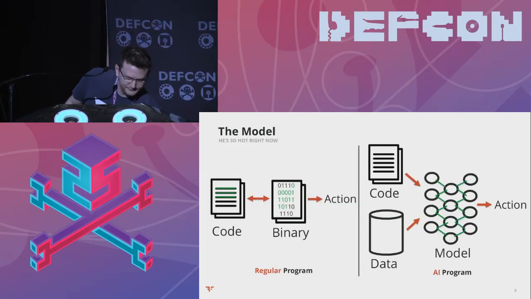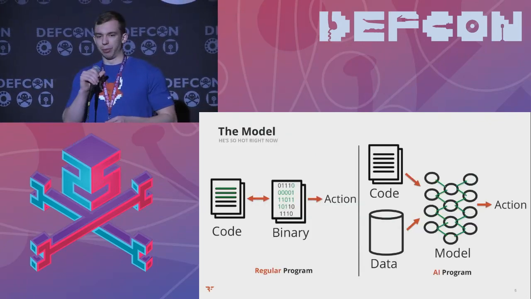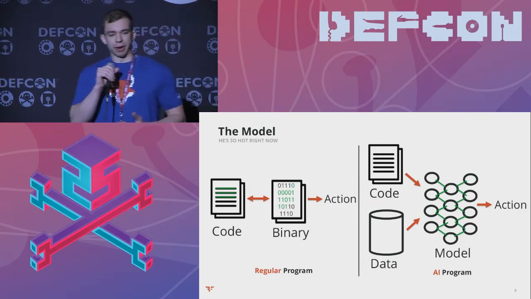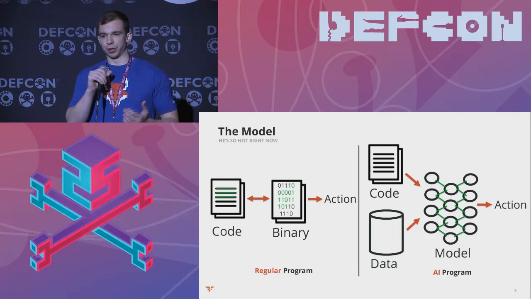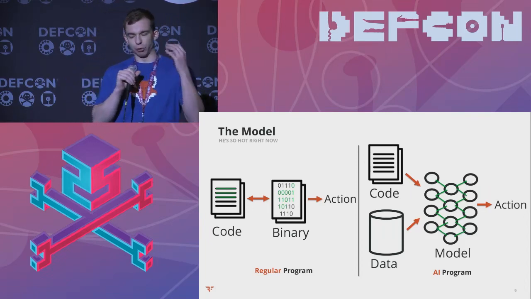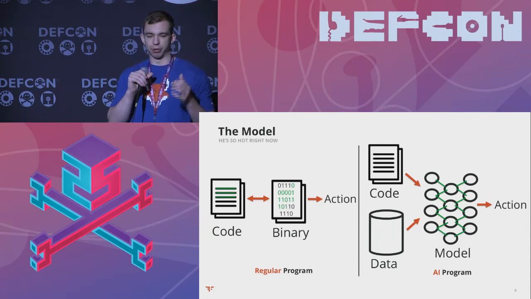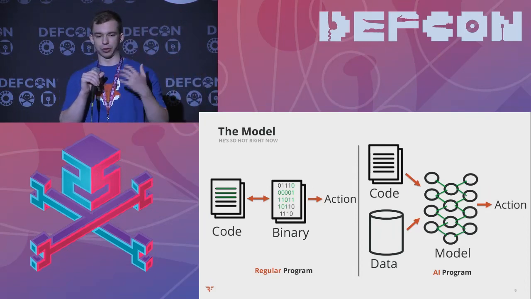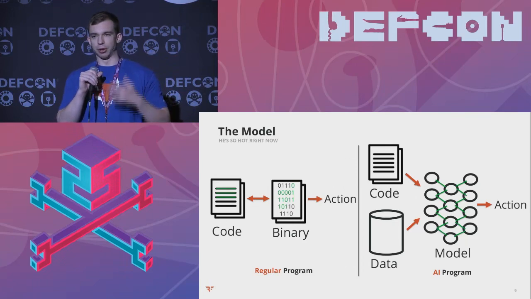Yeah, so our program differs a little bit from a regular program in a couple of really important ways. In a regular program, you write some source code, which is just going to be in English, and you're going to basically compile it down to a binary, which is machine instructions. It's the thing your computer is actually going to run, and those machine instructions are going to perform an action based on what you programmed into it.